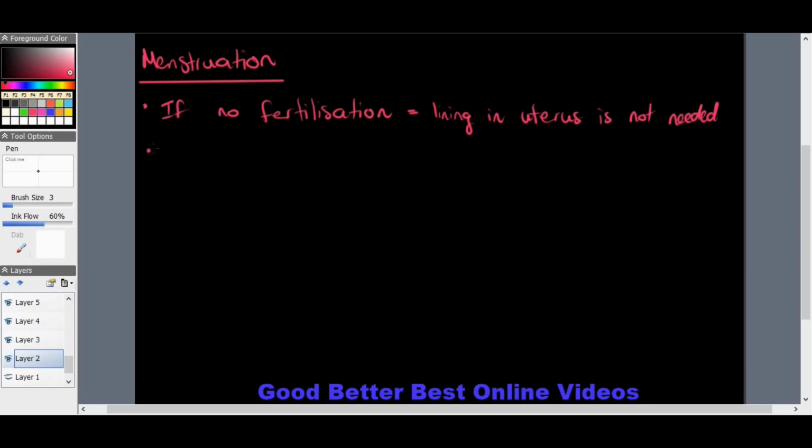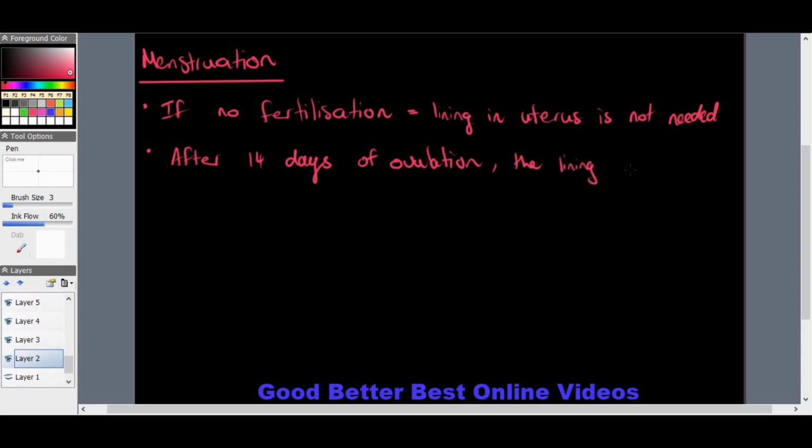Now, what happens then? About 14 days after ovulation, the thick lining that has developed in the uterus starts to break down. So after about 14 days, about 2 weeks after ovulation, the lining breaks down.